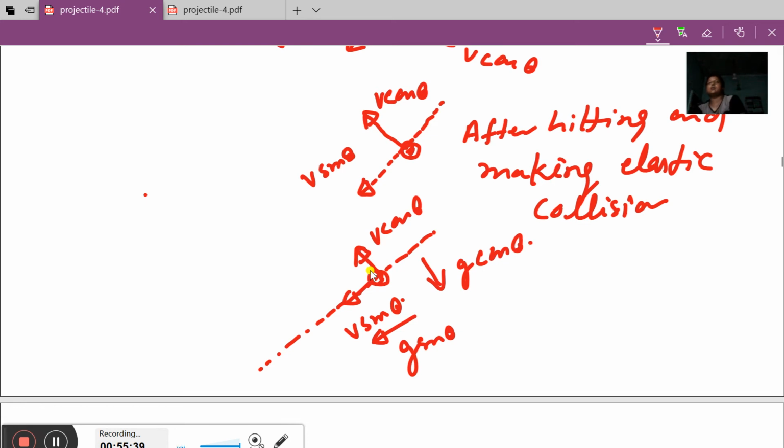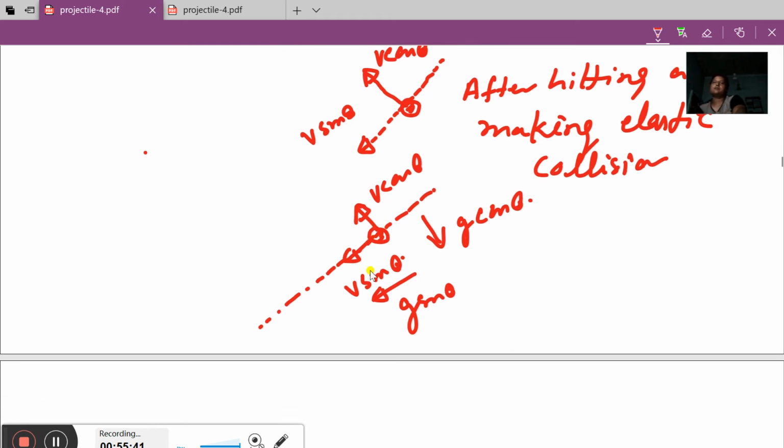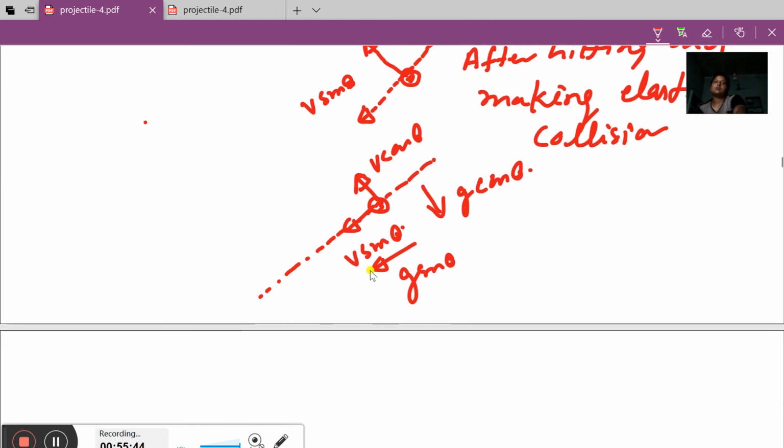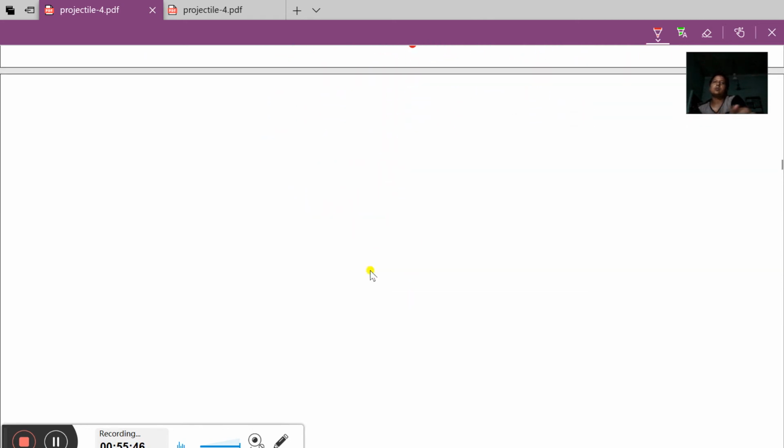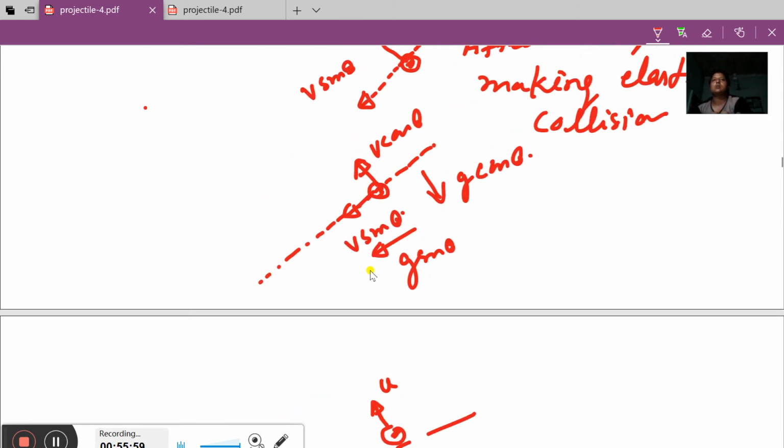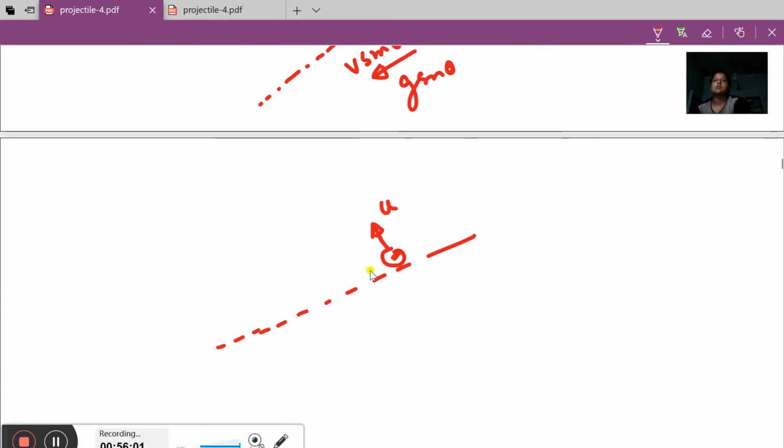So we can calculate the time of flight on the inclined plane. Perpendicular to the inclined plane, speed is v cos theta, and retardation is g cos theta.